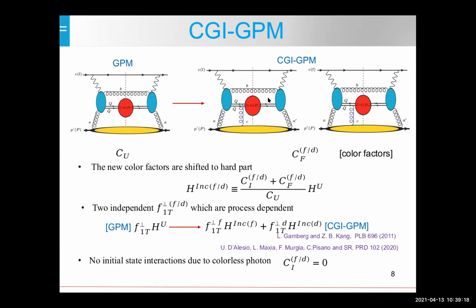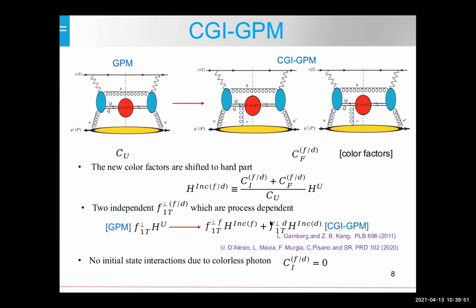Due to the extra color flow into these Feynman diagrams, the color factors are modified, which is denoted with CF superscript F/D. One can observe this modified color factor in the hard part as shown in this equation. In GPM, we have one universal gluon-Sivers function, whereas in CGI, we have two independent but process dependent gluon-Sivers functions: one is F-type and the other is D-type.